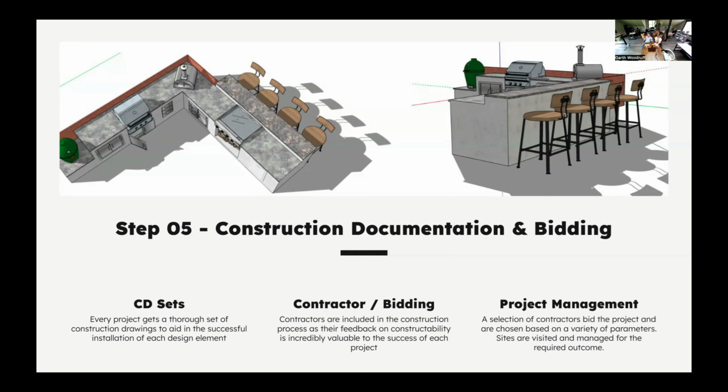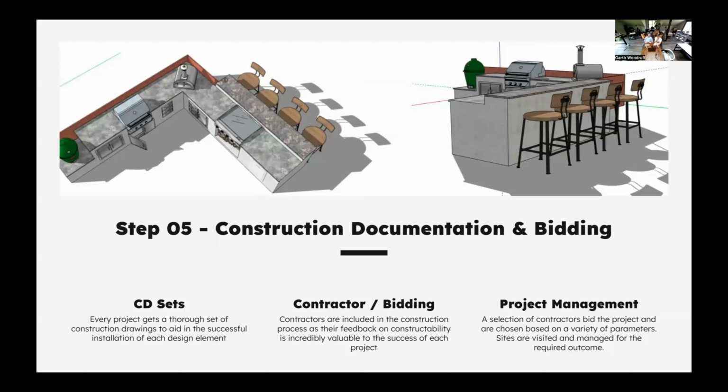And if they say, yeah, we want to do the kitchen, we know it's going to be $45,000, $50,000, let's go with it. Then we start getting into CD sets. And just like any other architecture firm or landscape architecture firm, our CD sets, we try to be as comprehensive as we can be. We usually find more things in that process that's going to cause us to edit or change things.